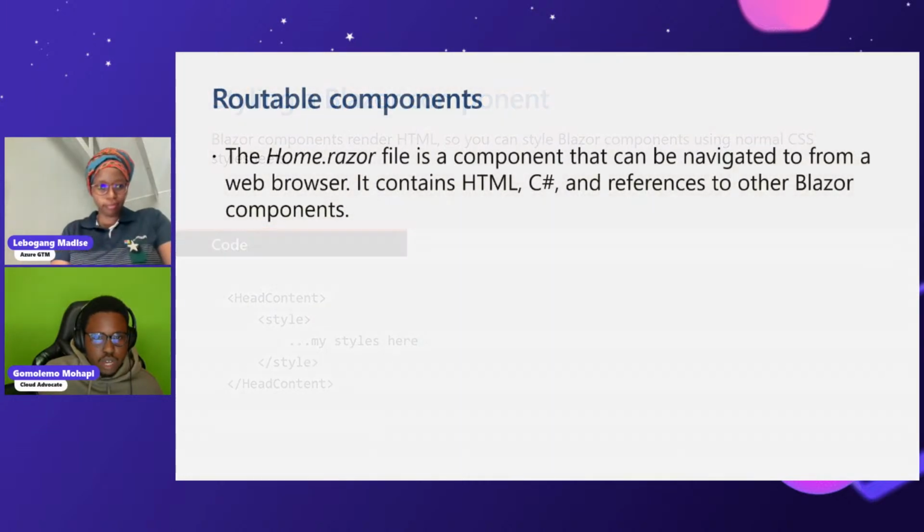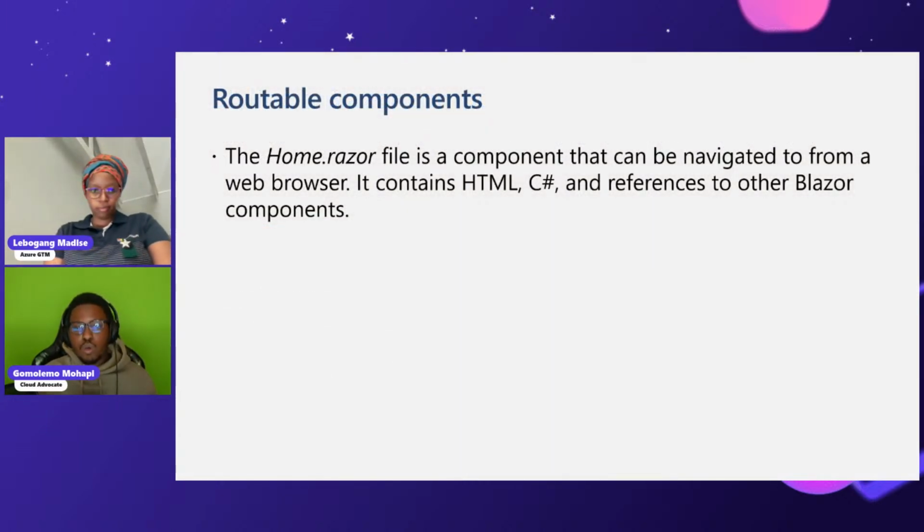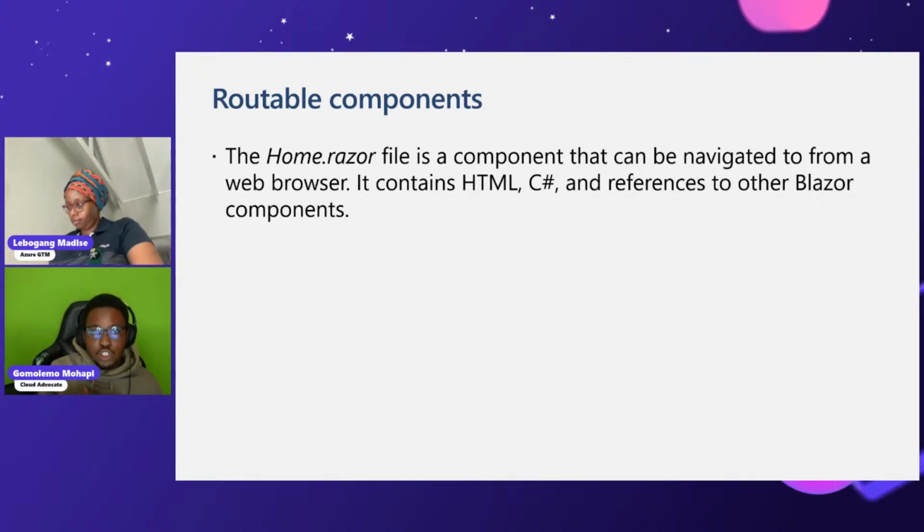And one more thing we want to cover is the routable components of Blazor. So when we go into the demo, you'll see that we have a file called Home.razor. This is a file that is a component that you can navigate to when you're in a web browser. So if you are familiar with web pages and such, pages and components are terms that we will use interchangeably, but you will see exactly how it is that we route to these different pages inside of Blazor.